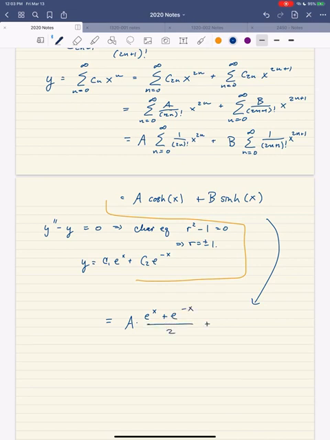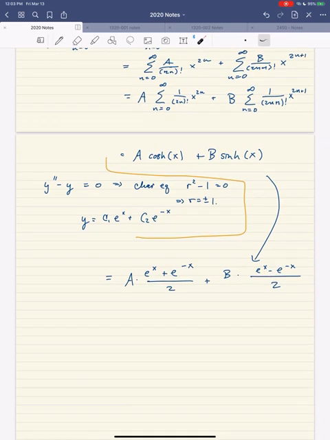And likewise, hyperbolic sine can be written as b times e to the x minus e to the negative x over 2. Okay, so the only difference there being the sign between the terms in the numerator, a plus versus a minus.